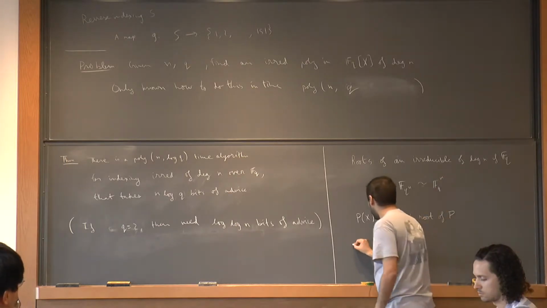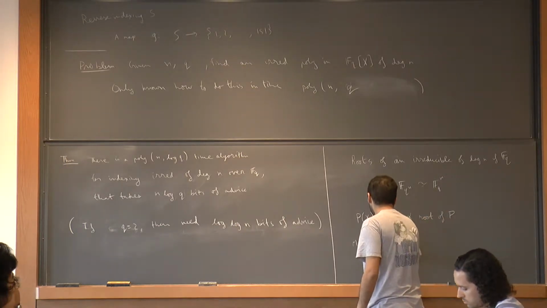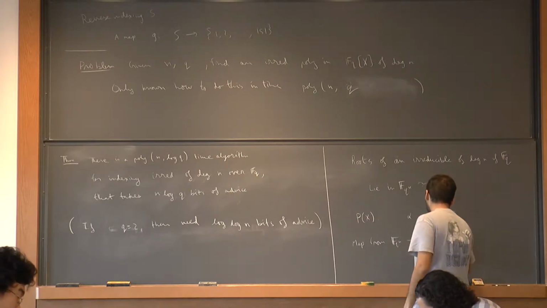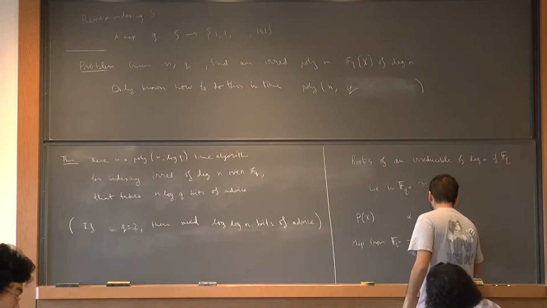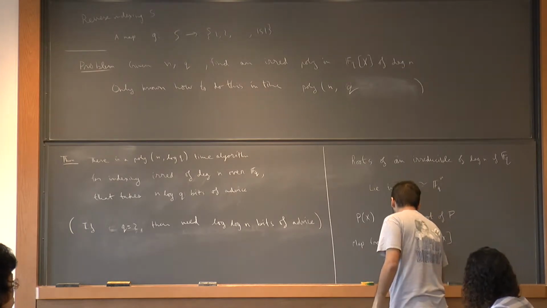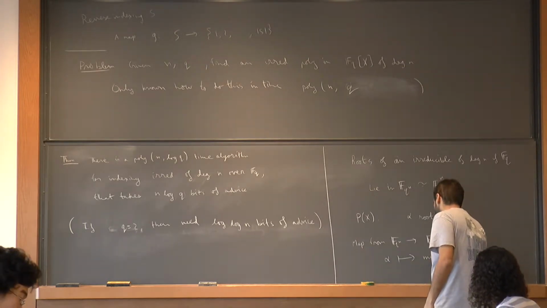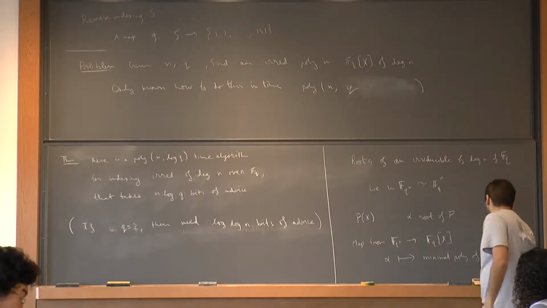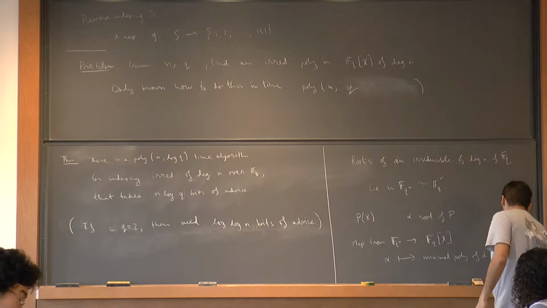So there's a map from FQ to the n to polynomials over FQ, where you take alpha and map it to the minimal polynomial of alpha over FQ.